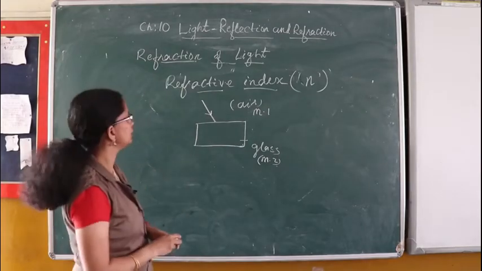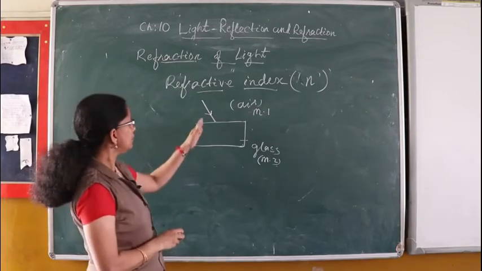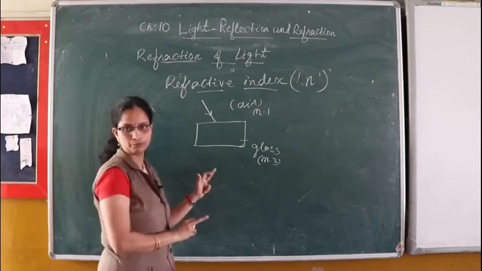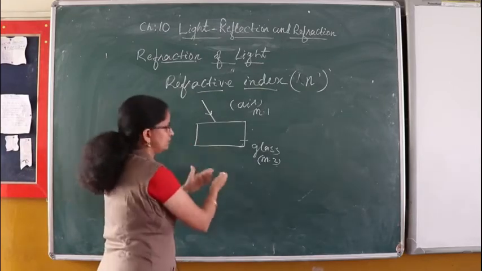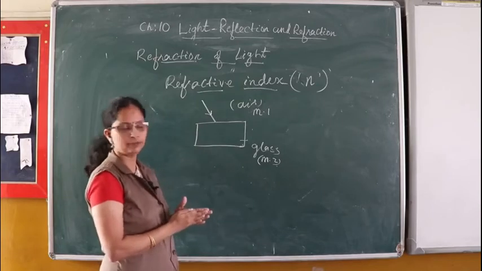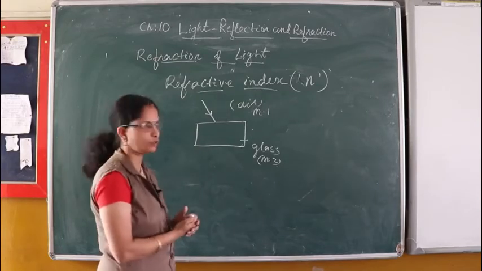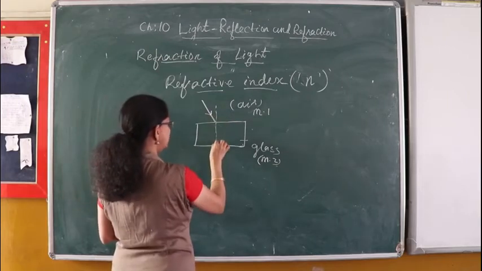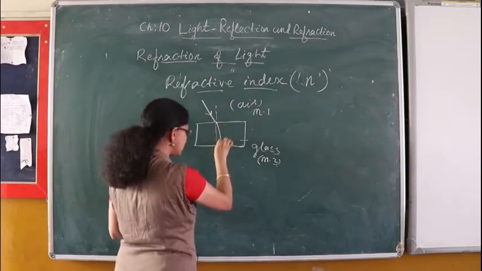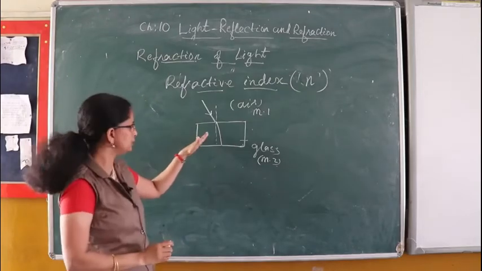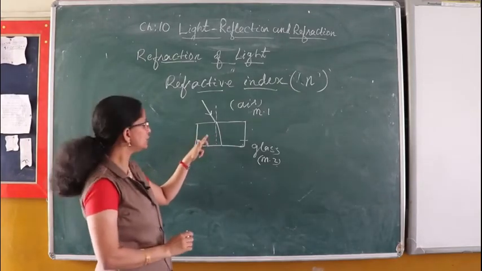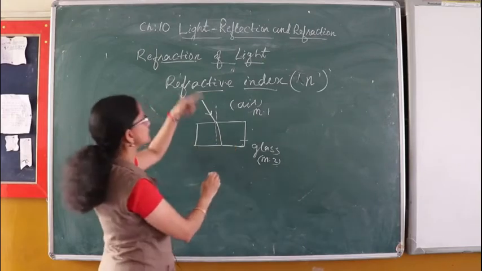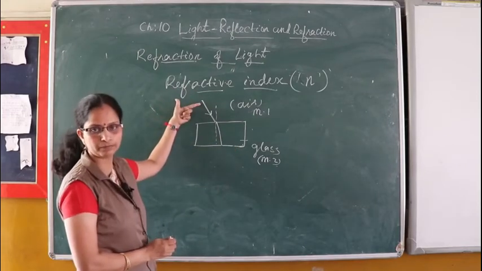When the light ray enters from medium 1 to medium 2, the bending of the light ray takes place because of the difference in the speed of light. The extent of that change in the direction of propagation is known as the refractive index of medium 2 with respect to medium 1.